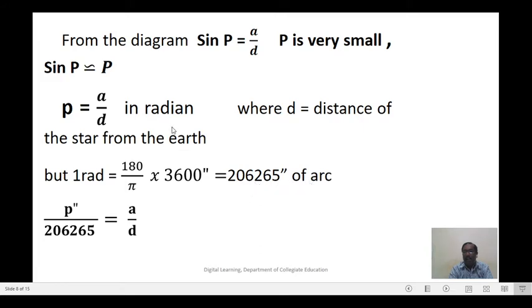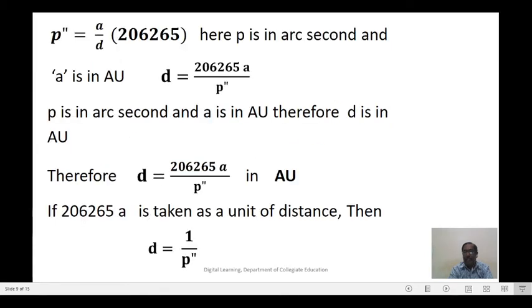Now converting radian into arc seconds, P by 206265 arc seconds equals A by D. So P equals A by D into 206265 arc seconds. Where A is the average distance between the Sun and the Earth, in astronomical units, and P is in arc seconds, therefore D must be in astronomical units.